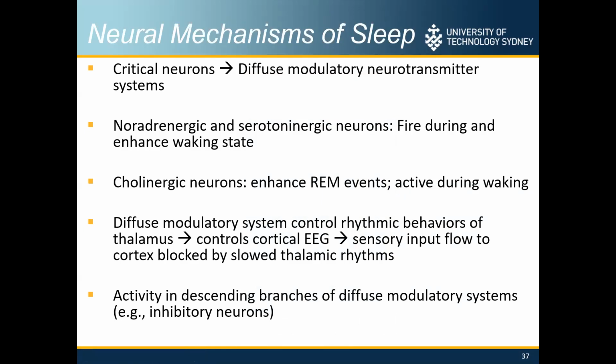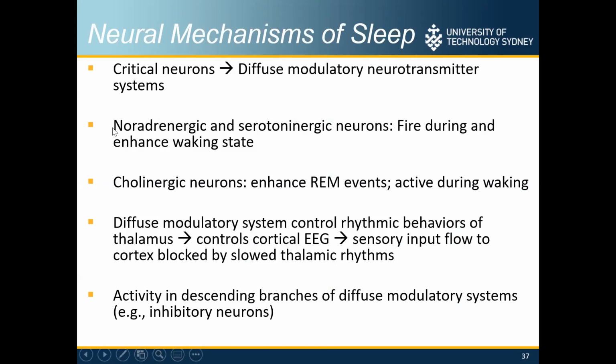The next bit is looking at the neural mechanisms of sleep. You have critical neurons present in the brain called the diffuse modulatory neurotransmitter systems. These diffuse modulatory systems are part of what is called the reticular activating system. The diffuse modulatory systems are the noradrenergic, serotonergic, and cholinergic neurons, which have been implicated in the state of wakefulness.